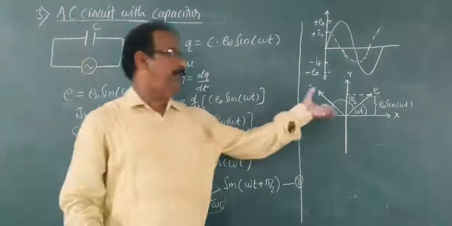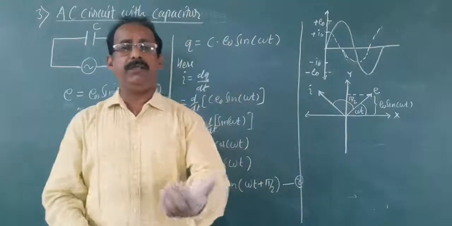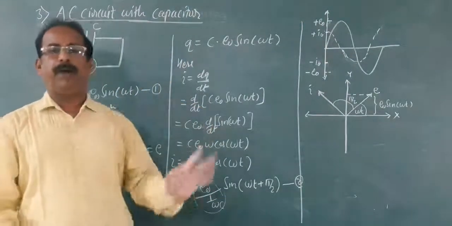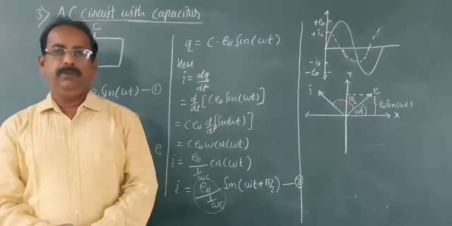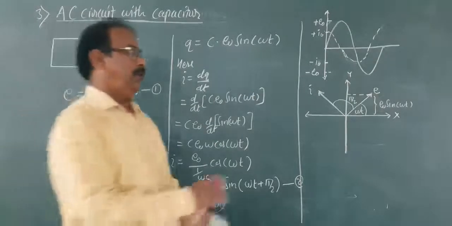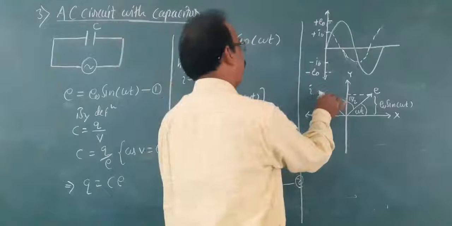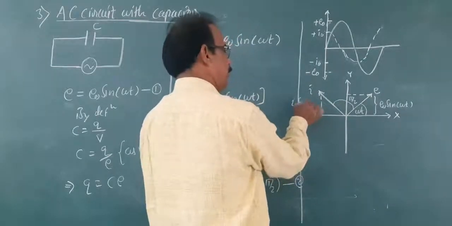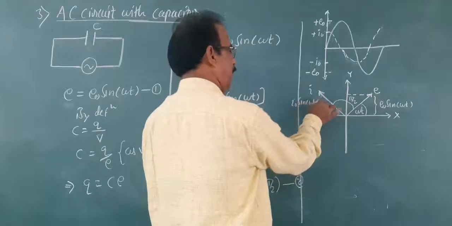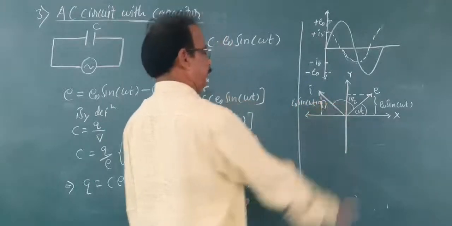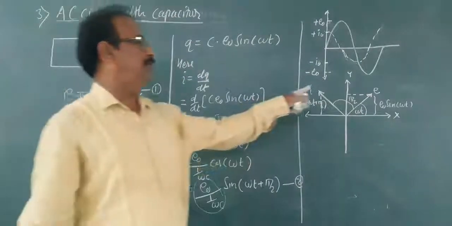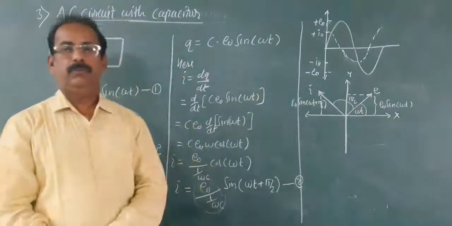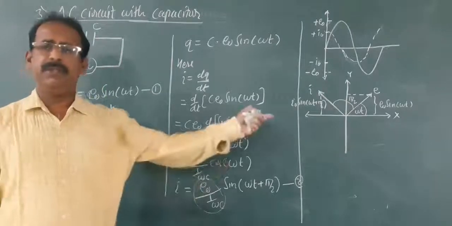The magnitude of this vector is I0, which is E0 upon 1 upon omega C. The instantaneous value for current is I0 sine of omega t plus pi by 2. This is the phasor diagram.